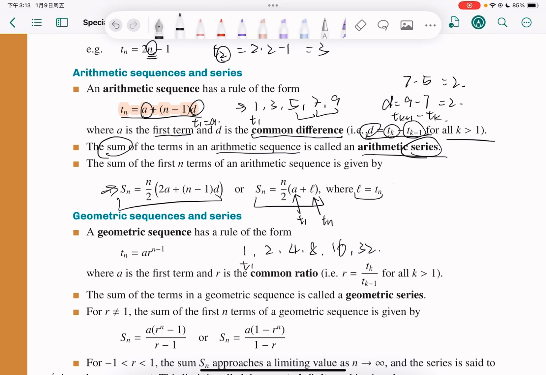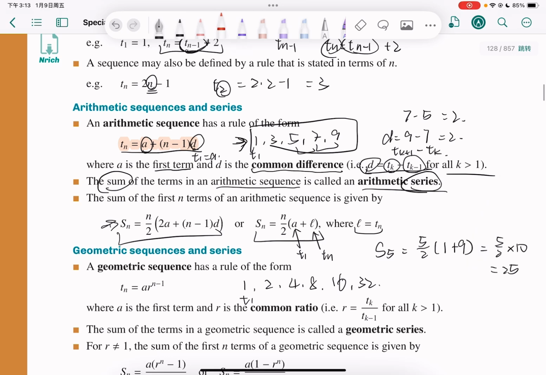For example, we still use 1, 3, 5, 7, 9. We want to find S5, which is the sum of the first 5 terms, and that's equal to 5 on 2, times the first term 1 plus the last term 9, which is 25. And that's how we find the series.